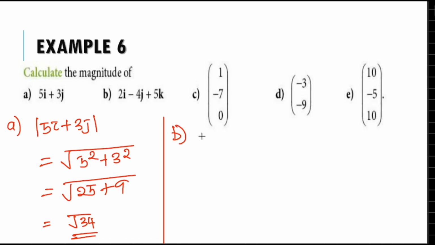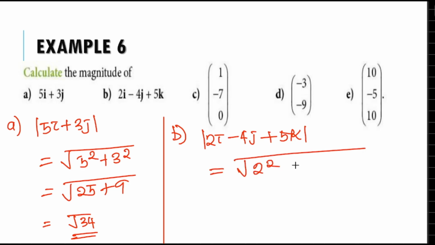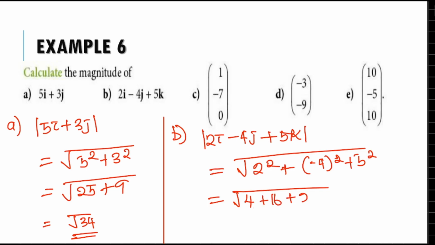For b, we have the magnitude of 2i minus 4j plus 5k, which equals the square root of 2 squared plus minus 4 squared plus 5 squared, and that is going to be the square root of 4 plus 16 plus 25.